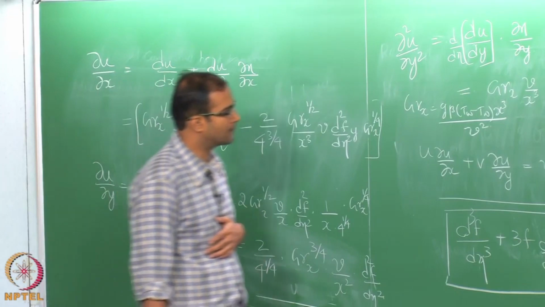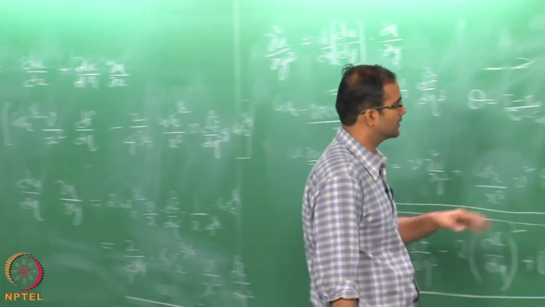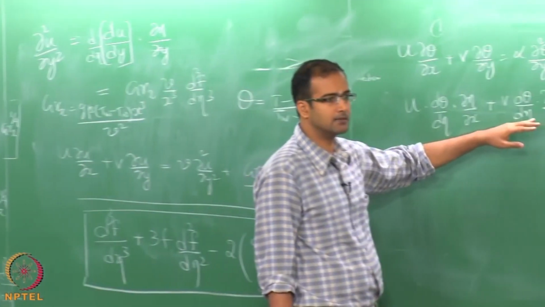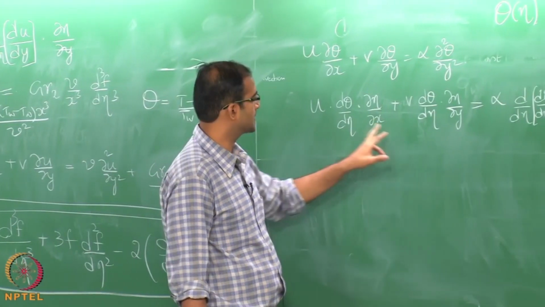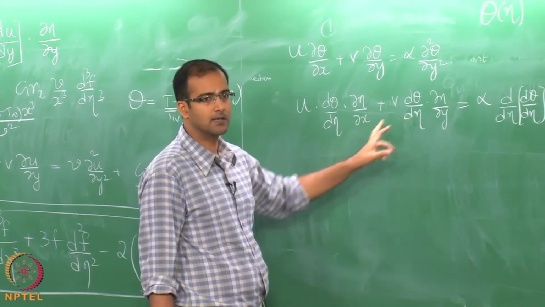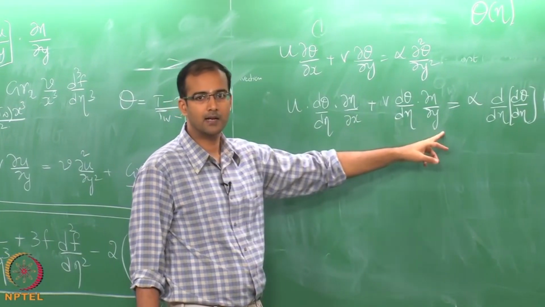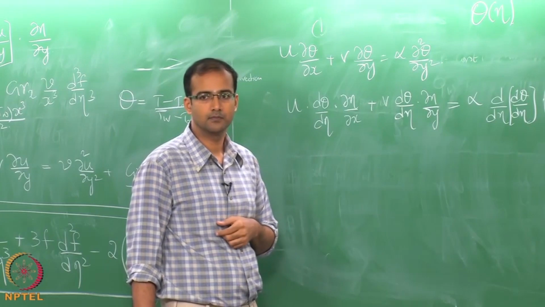So to complete it, now we can also transform the energy equation as a function of only eta by substituting for u, v, d eta by dx, d eta by dy and so on. Okay.